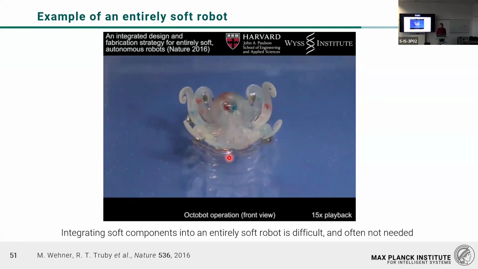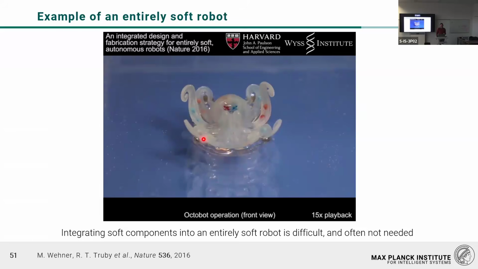There's also a fluidic control circuit in it that makes those oscillations and gives you some repeatable control patterns. Here, everything is soft. There's actuation, there's an energy source, there's control, but we cannot really do a task with it.